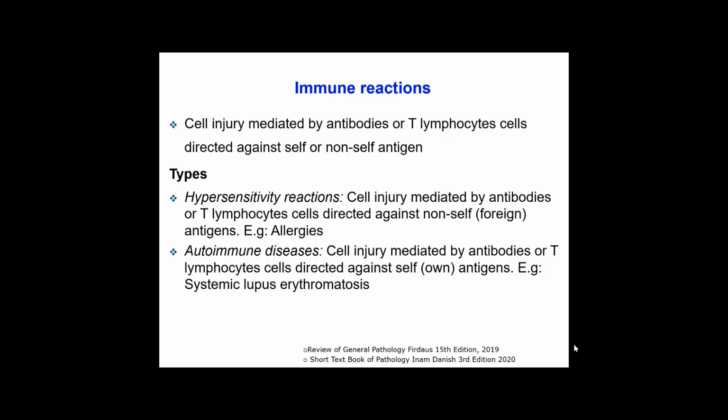By self antigens, I mean the different molecules which are present on the human cells, so they are normally present. On the other hand, non-self antigens are those which are present on different pathogens.